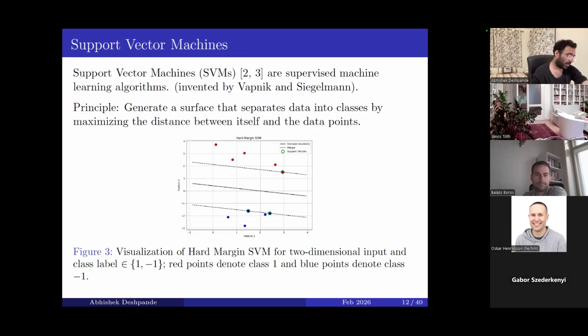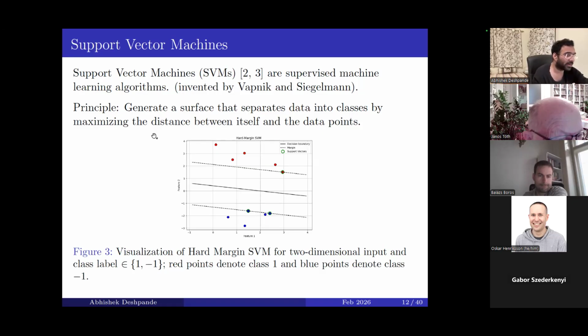Just to put it into historical context, support vector machines are supervised machine learning algorithms. They were invented by Vapnik and Chervonenkis many years ago. The idea is to construct a hyperplane in R^d, in R^n, that separates data into classes.